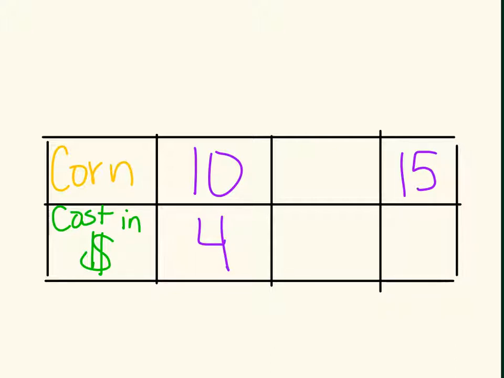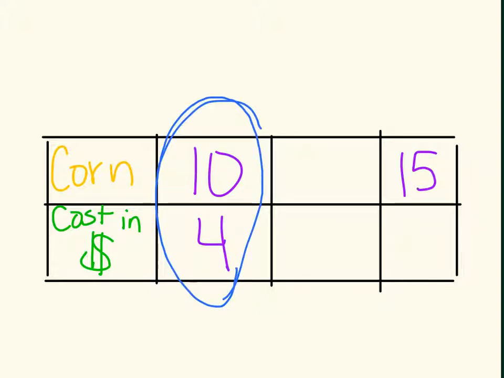So if we can't make the number bigger by multiplying, maybe we can make something smaller. I want to think about my factors of 10. My factors of 10 are 1 and 10 and 2 and 5. So I do need a common factor between 10 and 4. Right here, common factor.